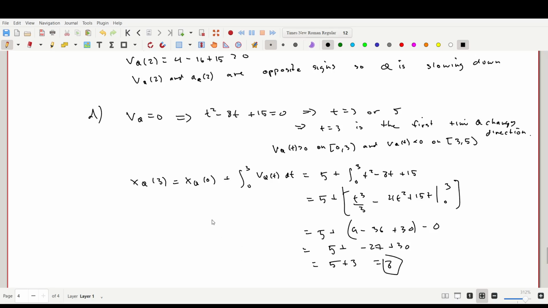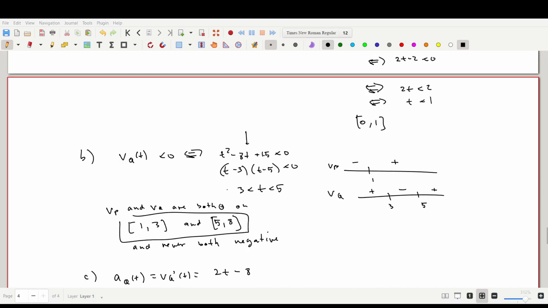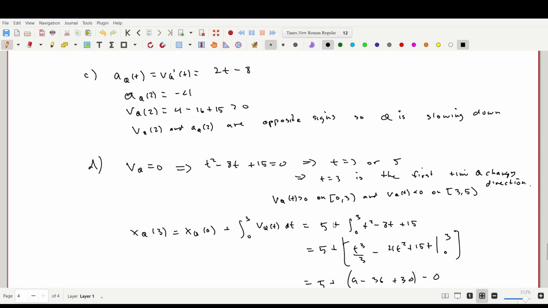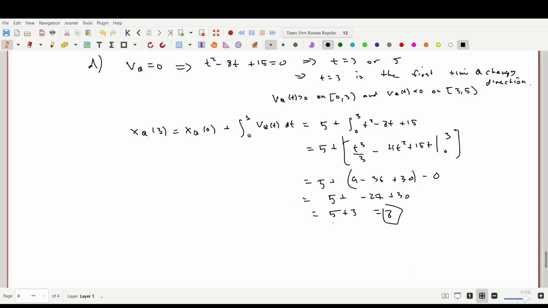Okay, let's see how badly I did that. I feel like I made a mistake. Let's check. 0 to 1 looks good. 1 to 3, 5 to 8 looks good. Speed is decreasing, looks good. I did make a mistake. I 15t. Oops. Yeah, made a small issue there. I thought that was, wait, 30? Where did that come from?